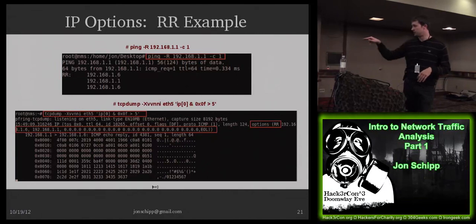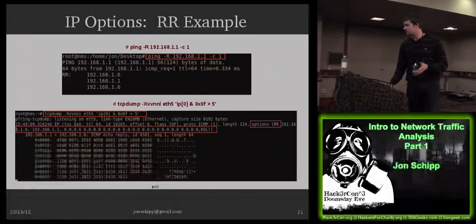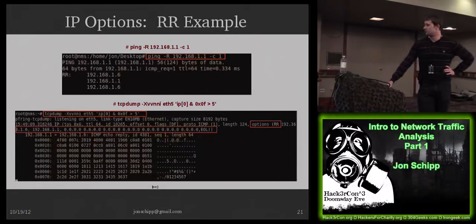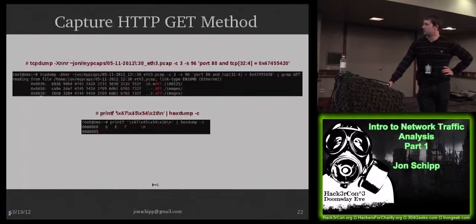We basically split the byte and mask the 0 bits, and then check if it's greater than 5 with a 15 mask, then we return those, looking for those specific packets. You don't really need to know all this. It's really technical, and you have to drill down on it. But just to get an idea of how granular you can be in picking out and specifying your data, that's the important concept to get.